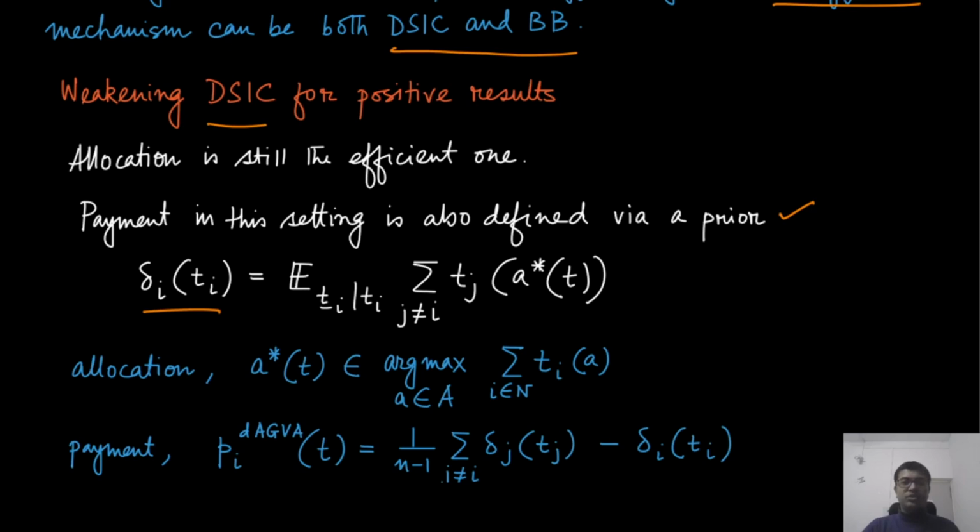Player i observes his own type, and has a belief, coming from the common prior, about the types of the other players. Therefore, instead of charging the actual payment after the realization, the mechanism designer charges a payment which is an expected value of those realized values.